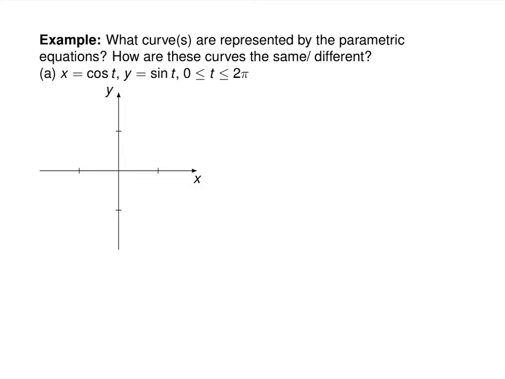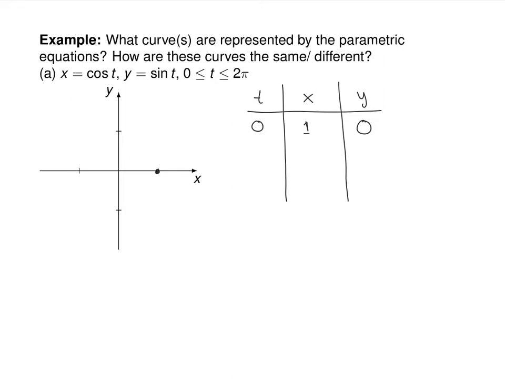Well, let's plug in some values. So t, x, y. So when t is 0, cosine of 0 is 1, and sine of 0 is 0. So right there is our starting point.